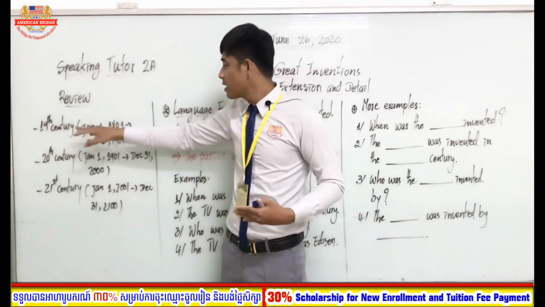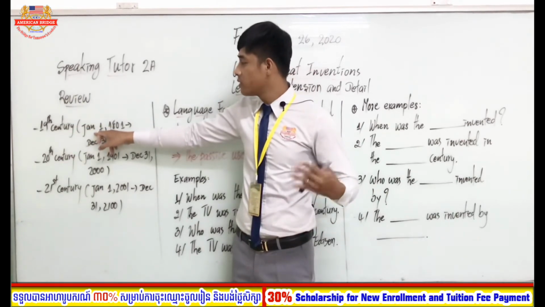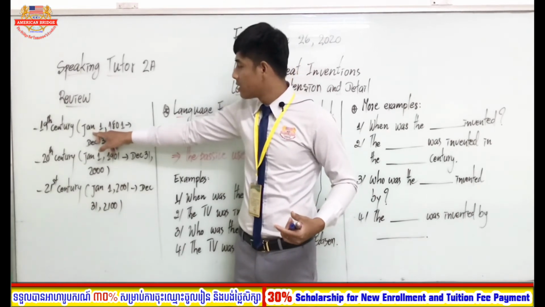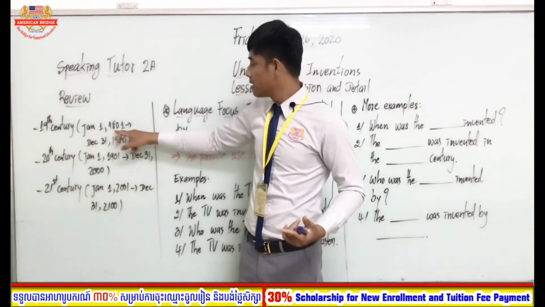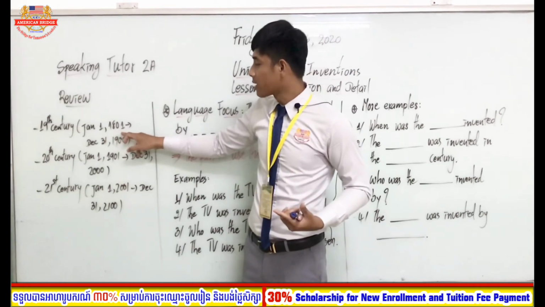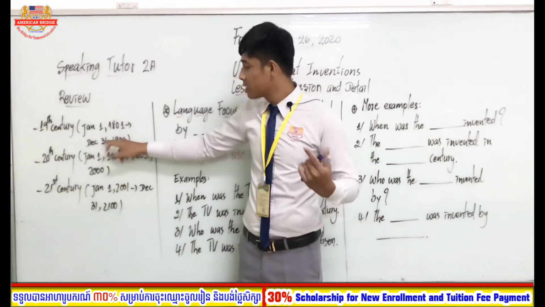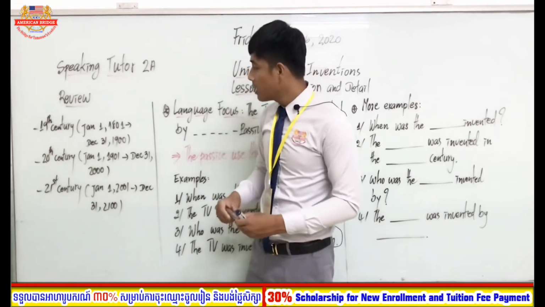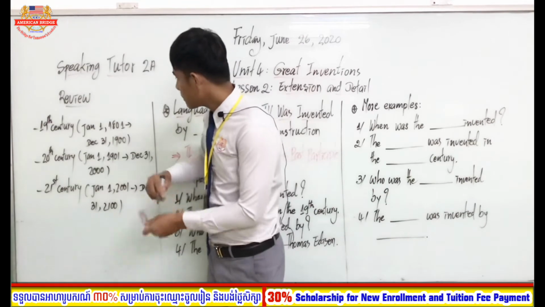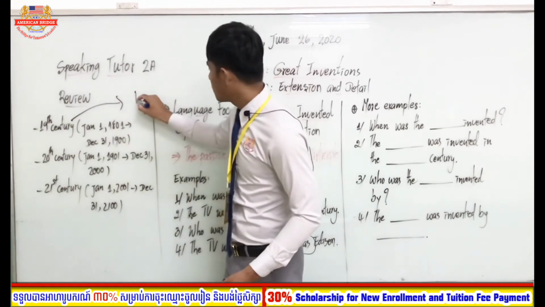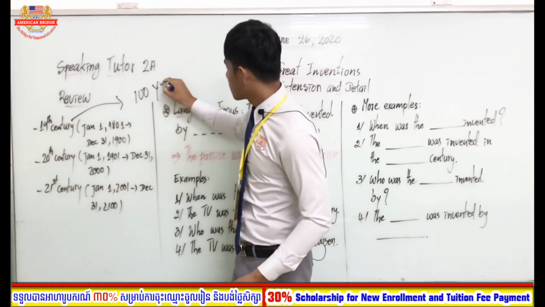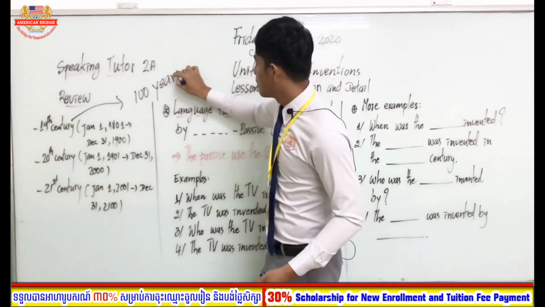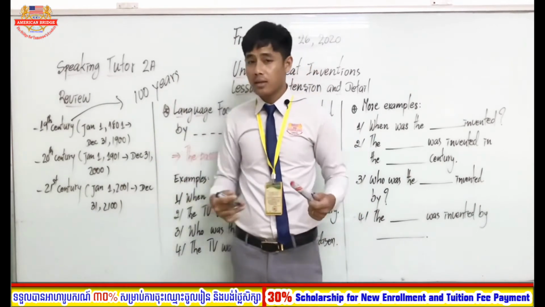The 19th century begins from January 1st, 1801 to December 31st, 1900. One century means 100 years.